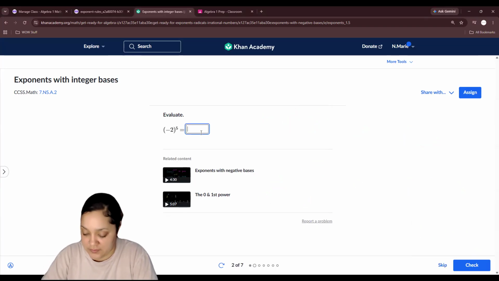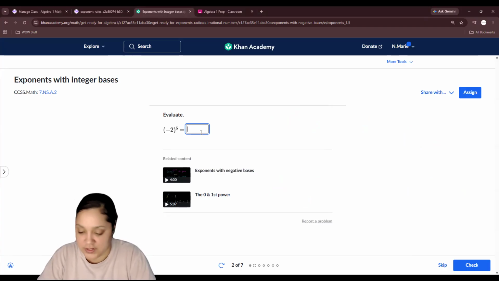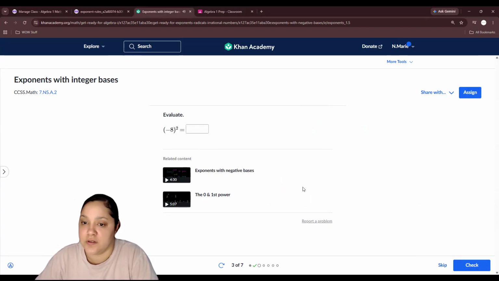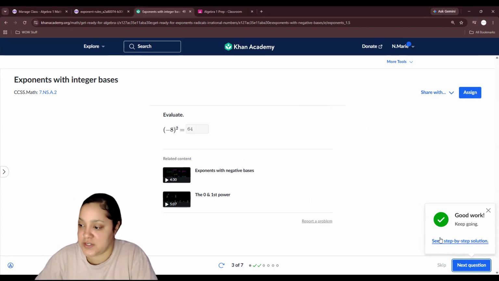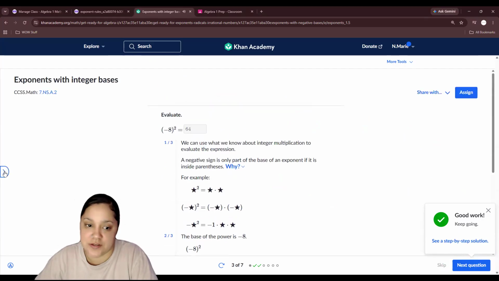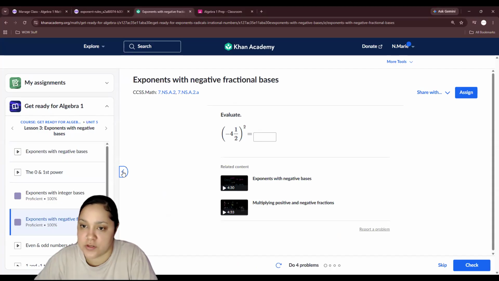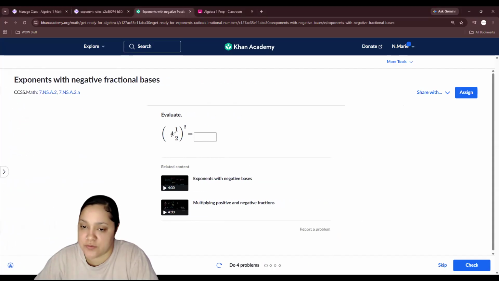So this would be negative 2 times negative 2 times negative 2, and you would do that 5 times, and you would get negative 32. So negative 8 times negative 8, positive 64. Easy peasy. So these aren't really the rules of exponents. Oh, we do kind of want to practice with fractions.